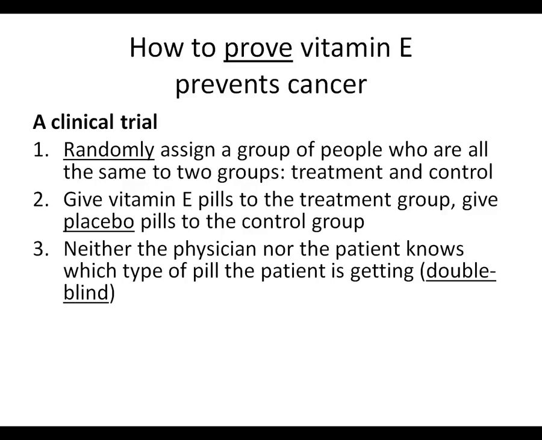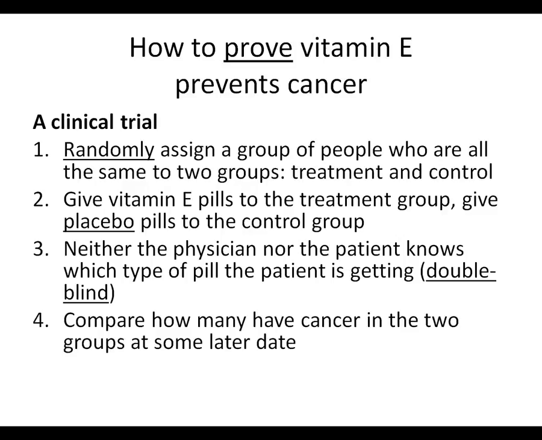And believe it or not, if the physician knows whether the patient is getting the treatment or the placebo, that can affect their diagnosis too. They will see things because they expect them to be there. So the best type of studies are done so that neither the patient nor the physician knows which type they're getting, and that's called a double-blind study.